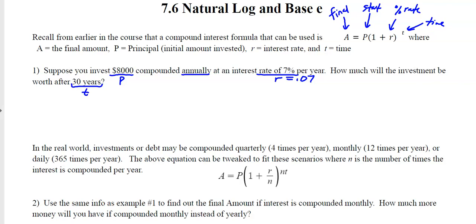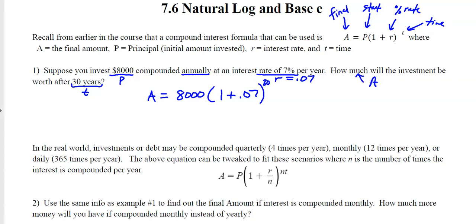When I want to know how much will it be worth, that's the A part, the final amount. Let's set this up. A equals $8,000 times 1 plus 7% growth to the 30th power. I'm going to punch that in the calculator, 8,000 times 1.07 raised to the 30th. I'm not going to pull it up on screen because it takes too long.